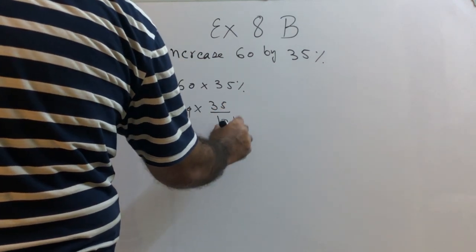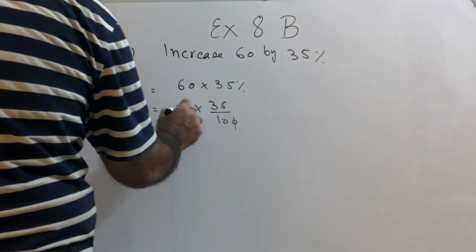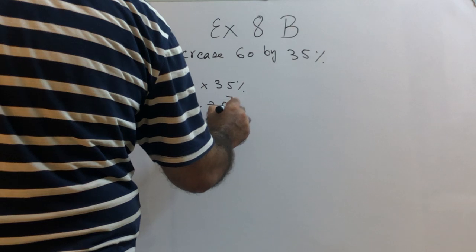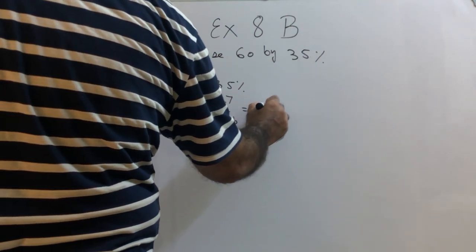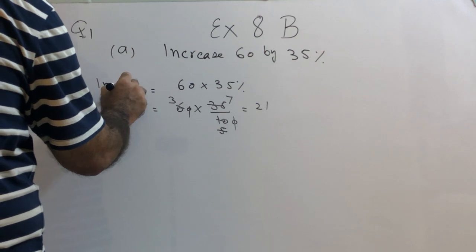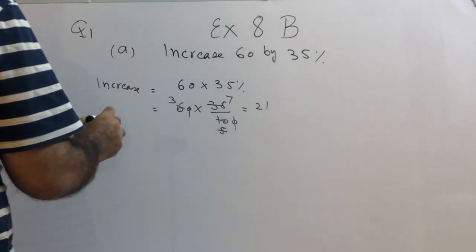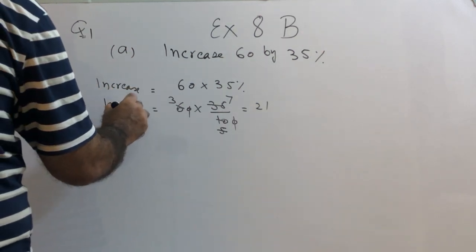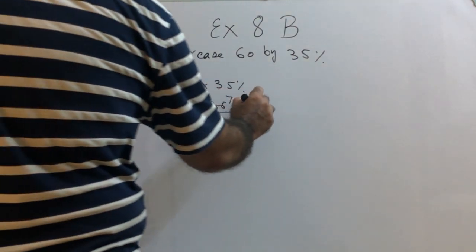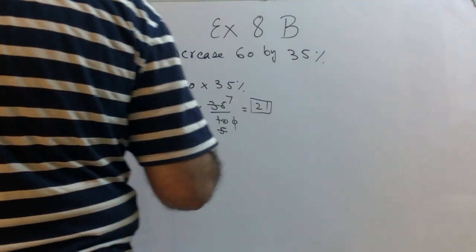0 will be cut with this. 2 3s are 6, 2 5s are 10, 5 7s are 35, 7 3s are 21. So this is the increase. So the number 60 we need to increase by 21.